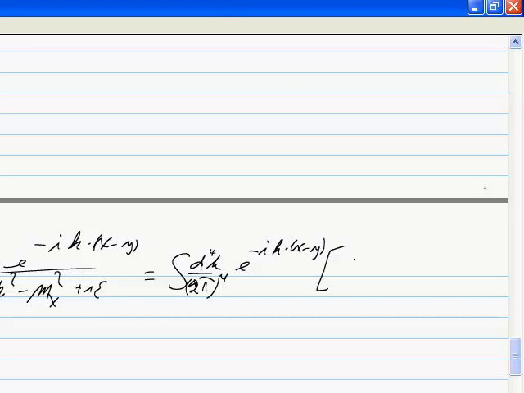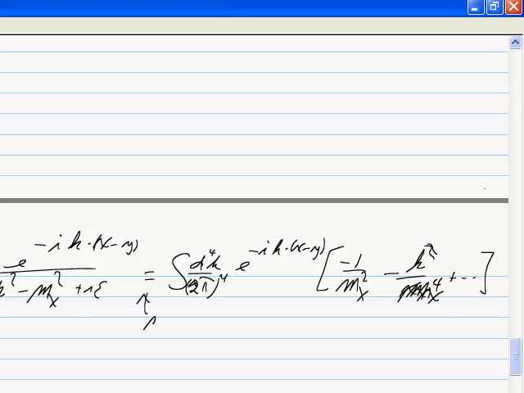But then I'll write this as minus 1 over m chi squared. So we're imagining that this m chi is a very big number, minus k squared over m chi to the fourth, plus dot dot dot.